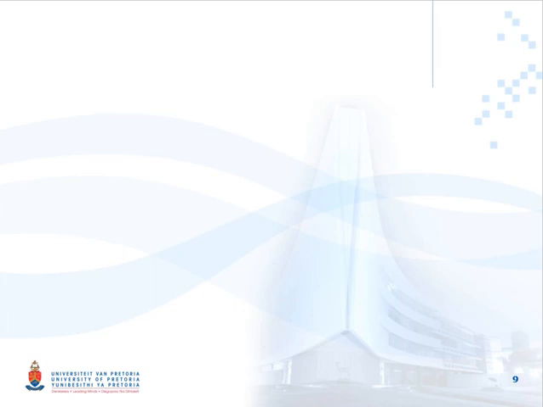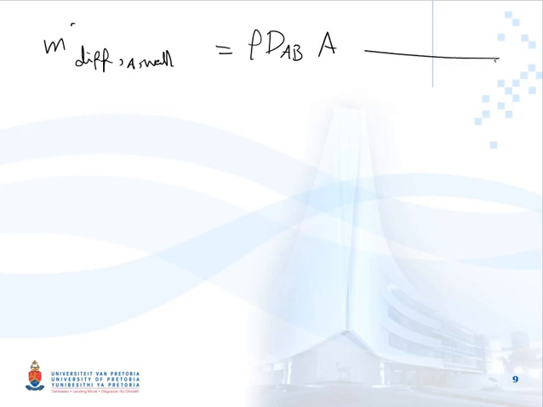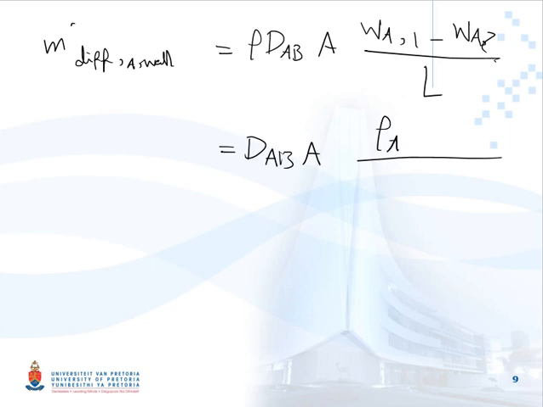So we got to this point that m dot diffusion of A through the wall is equal to rho D_AB A (WA1 minus WA2) divided by L. So easily we know that it will be equal to D_AB A (rho A1 minus rho A2) divided by L.